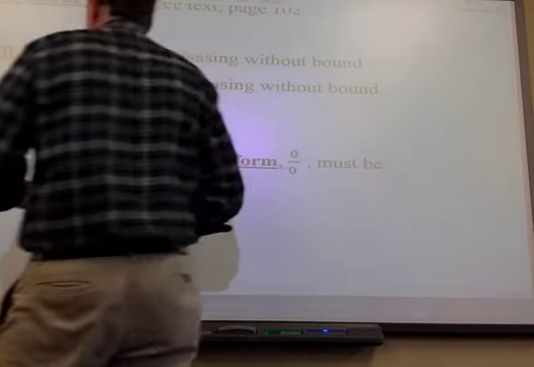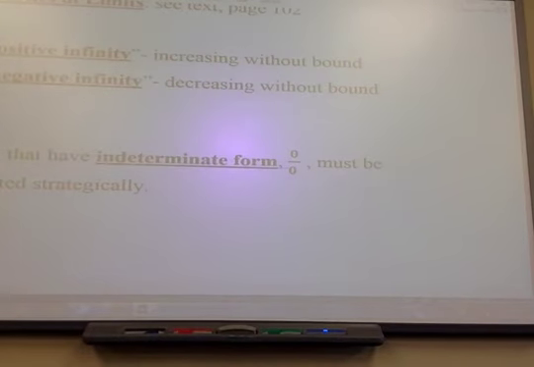In a few minutes, I don't think in the next few though, we might have limits that approach infinity instead of a certain value like 2 or 3. What if it's x approaches infinity? We'll have to look at some of those. Or x approaches negative infinity, where x decreases without bound. I'll show you some of those soon. This is what I really wanted you to see though.